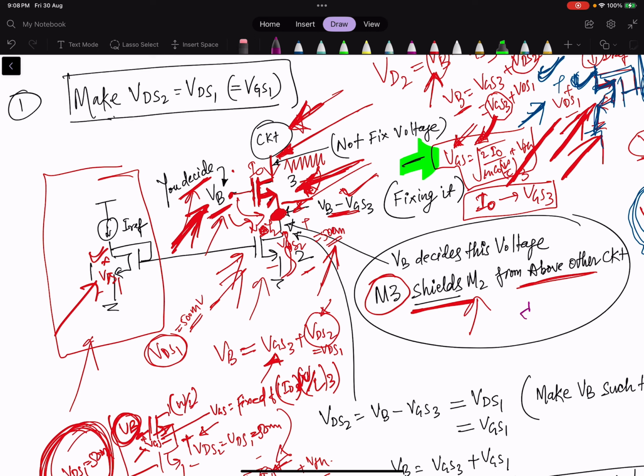With M3, M2 and VB, by adding M3 in between M2 and the circuit, we are shielding M2 from the above circuit. How are we shielding? It means that this voltage VD2 is now defined by VB, not by the circuit above. So that is the meaning of this.